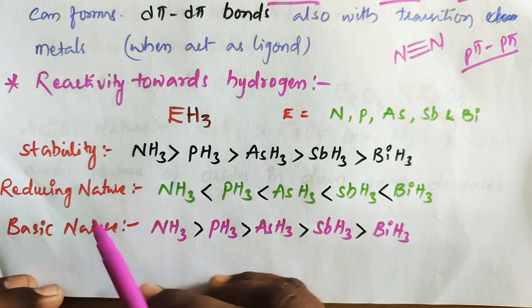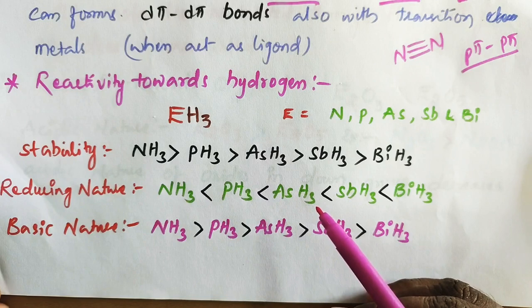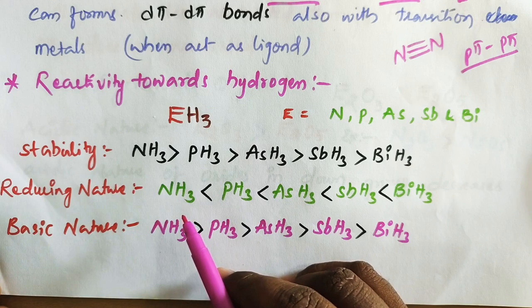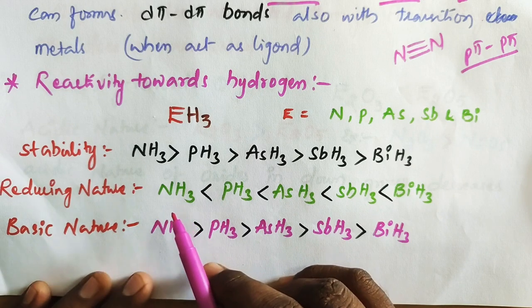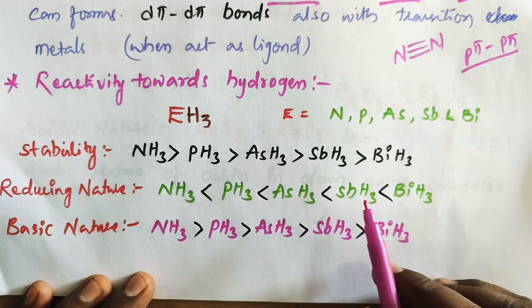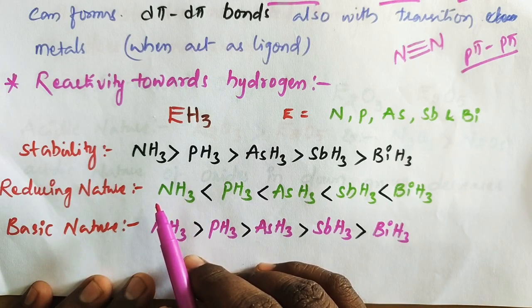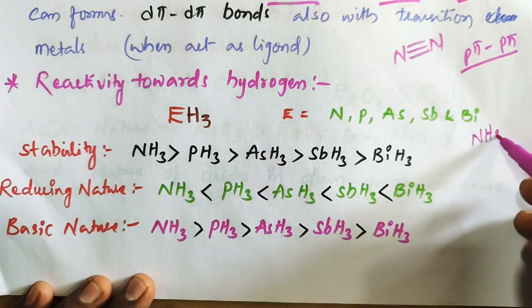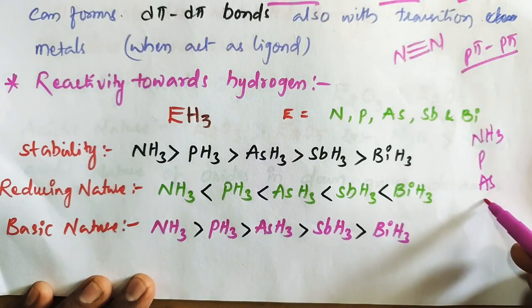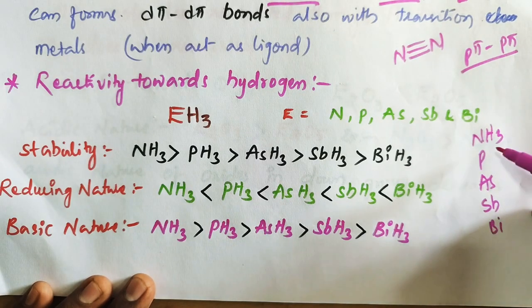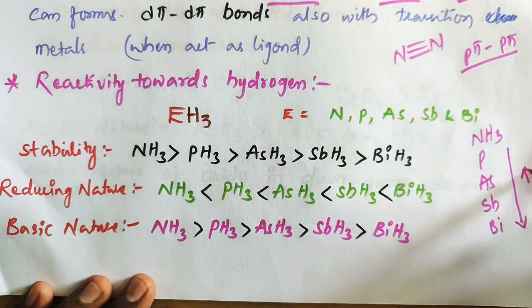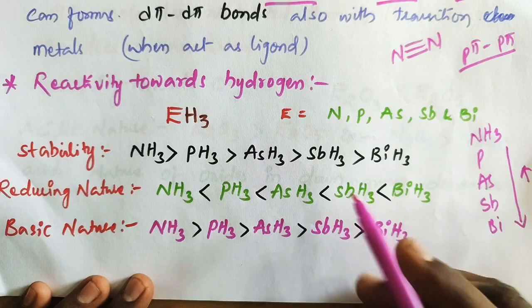Now the reducing nature. Reduction takes place by using these elements, which are called reducing compounds. For the hydrides NH3, PH3, AsH3, SbH3, BiH3, the reducing power increases from top to bottom because of the increasing size.